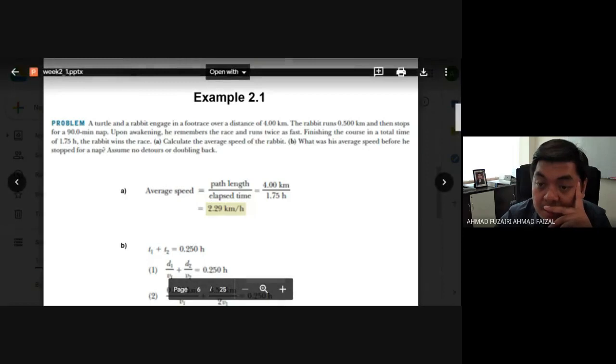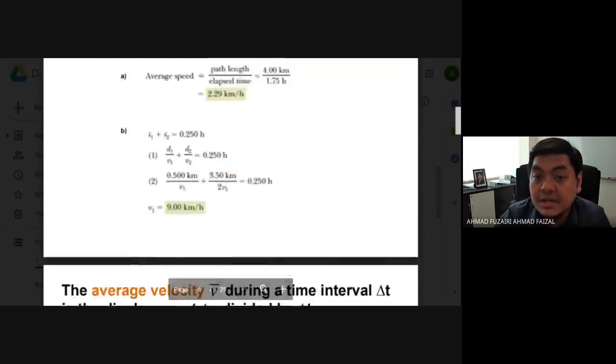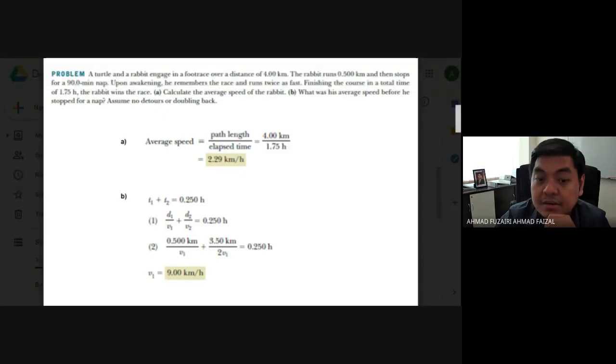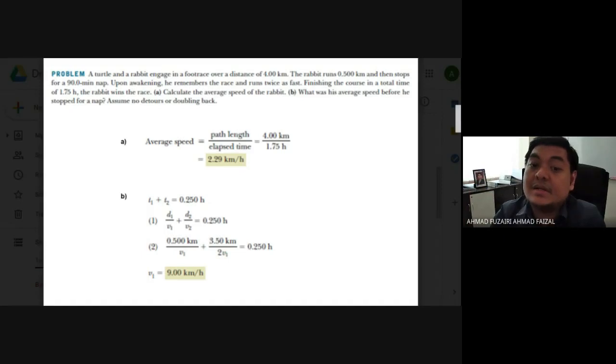What was his average speed before he stopped for a nap? Before he stops for a nap, the rabbit is actually running at 0.5 kilometers, and of course he must have his own speed. Dia ada speed dia tersendiri pada 0.5, and selepas itu dia ada lagi satu speed, ada dua speed yang berlainan kan.